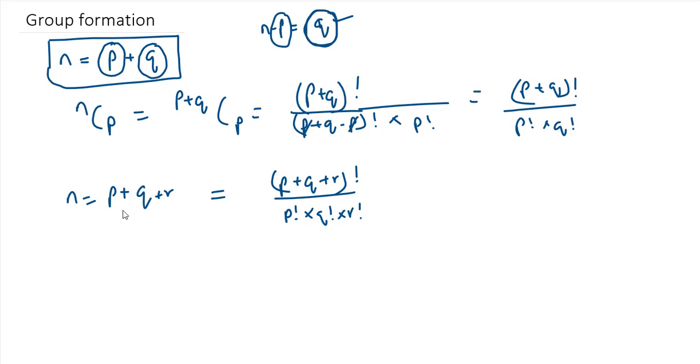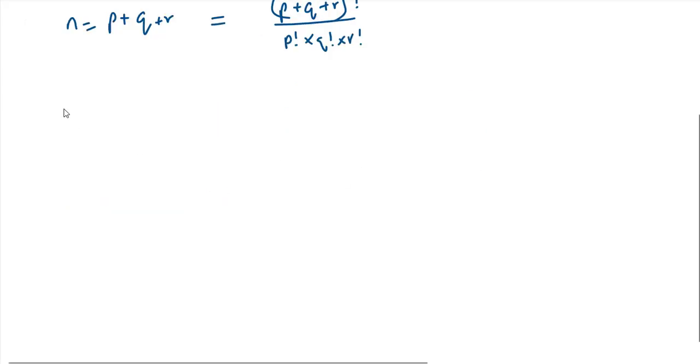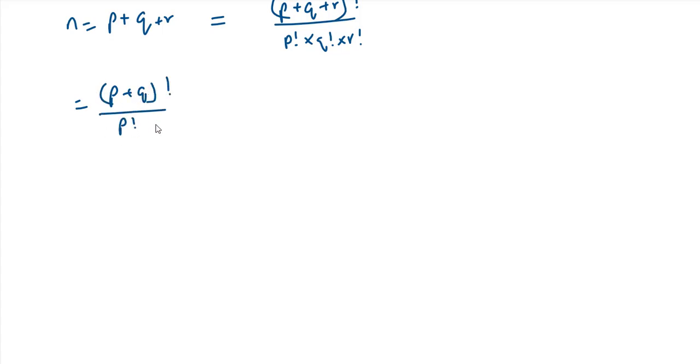Likewise, you can extend this same logic for any number of groups. Now let us consider this formation of two groups. Two groups can be formed in (p plus q) factorial, the whole divided by p factorial into q factorial.